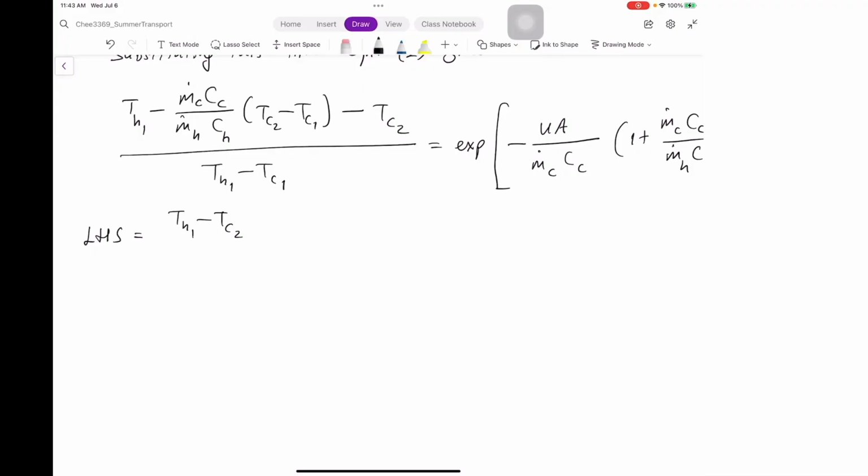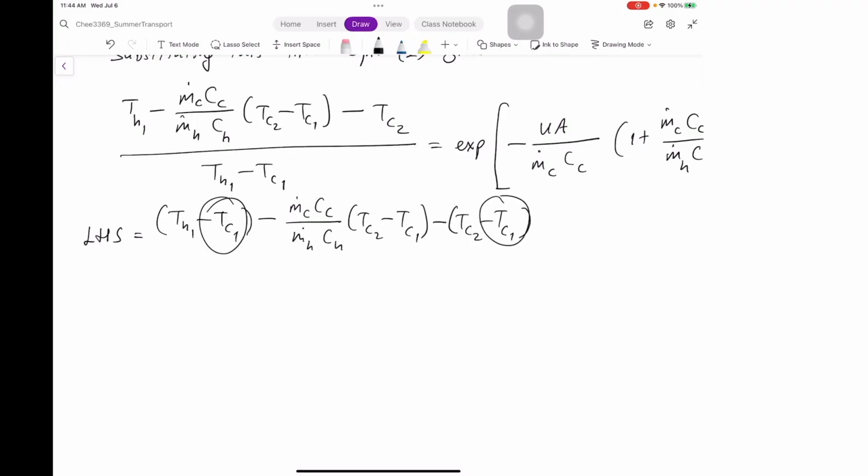Let's subtract T_cold1 and add T_cold1. So T_hot1 minus T_cold1, minus m_c·C_c over m_hot·C_hot, (T_cold2 − T_cold1), minus (T_cold2 − T_cold1). So I basically subtracted and added the T_cold1. Since this looks like subtraction, since there is minus here, it's basically addition.